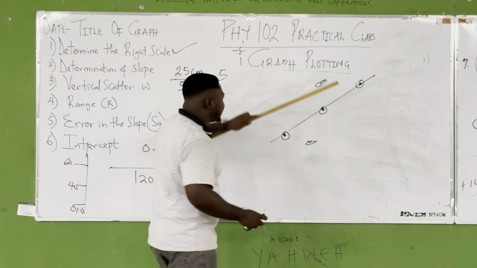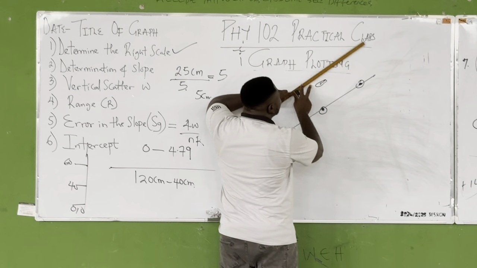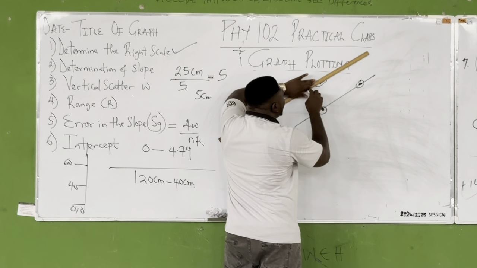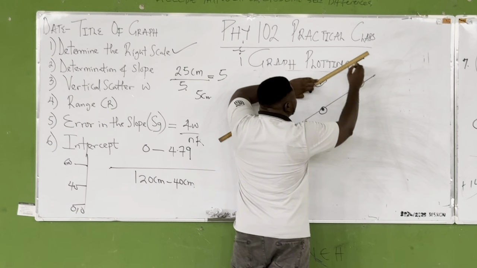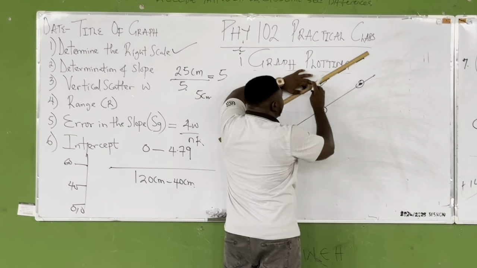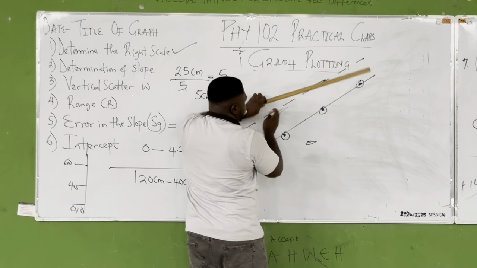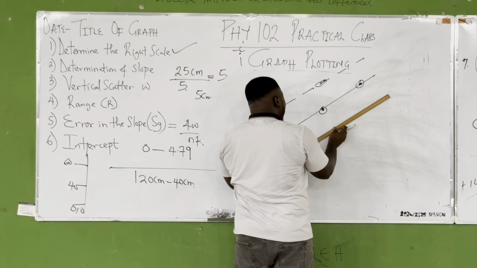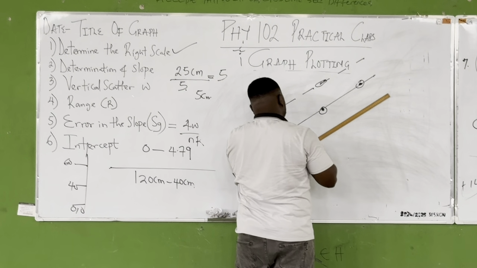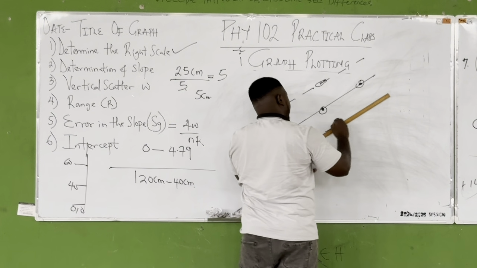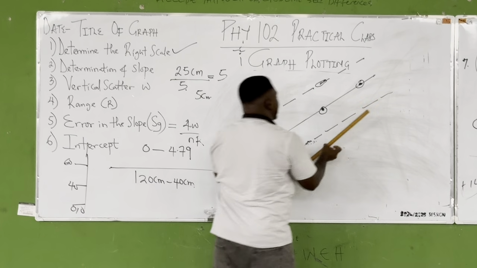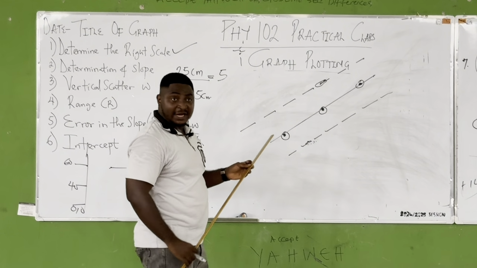So what we are going to do now: this point that did not meet on this side, you're going to use a dotted line to trace it. Follow me. And this point that did not meet on this side, use a dotted line. Are you together?